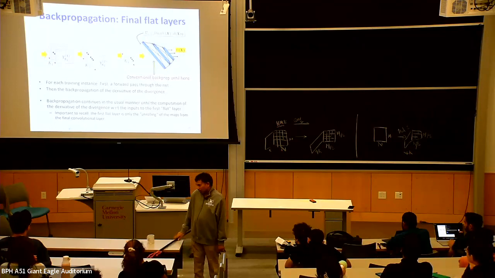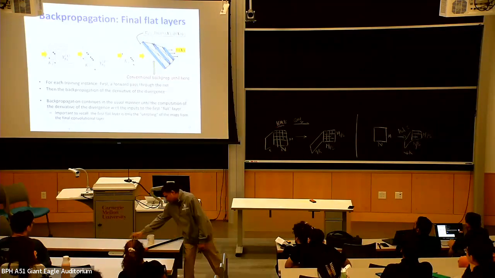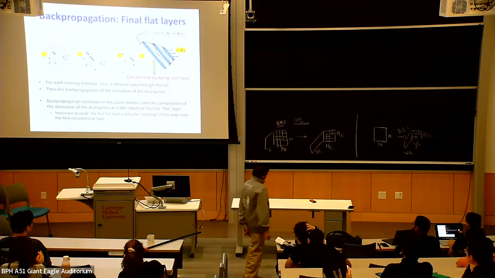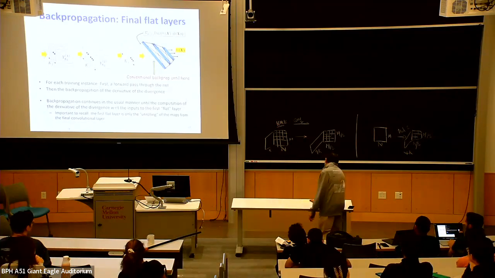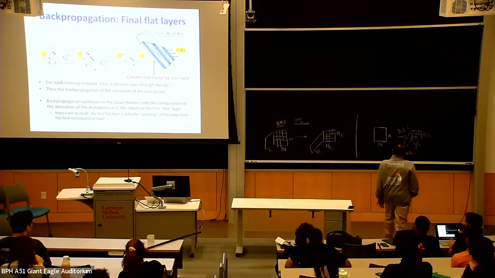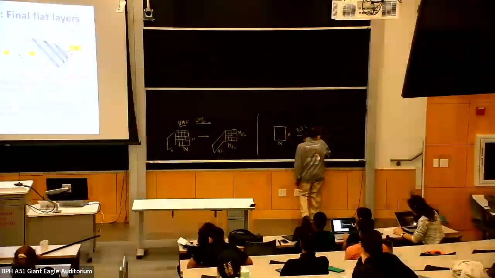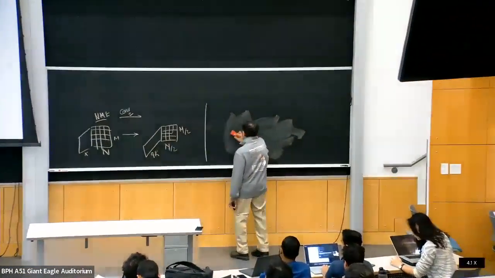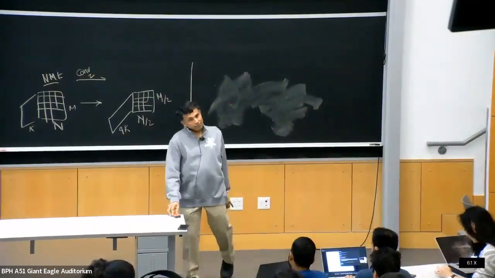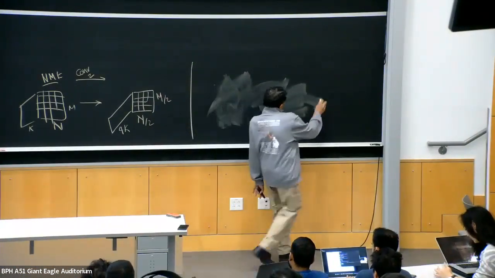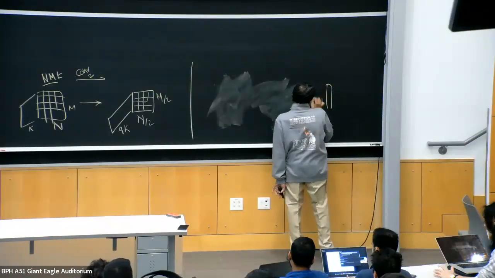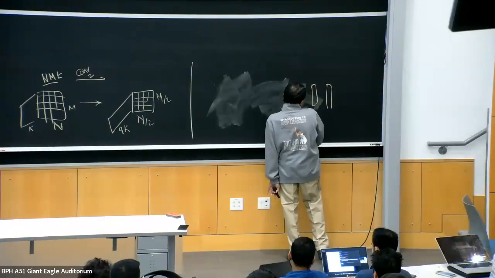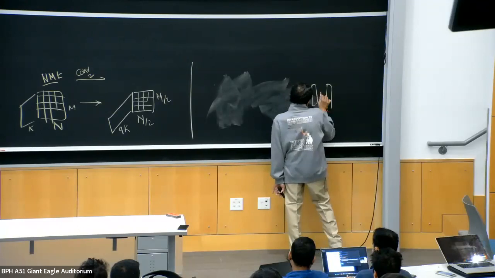But what actually happens here when I backpropagate? I'm going to compute two things. So I have all of these layers, and I have weights, right?